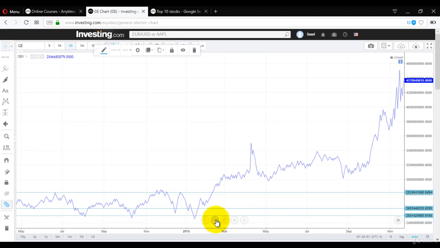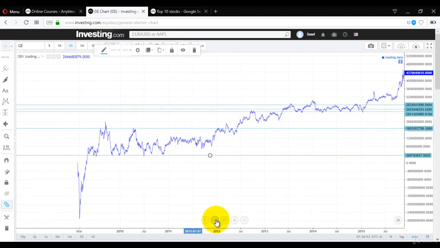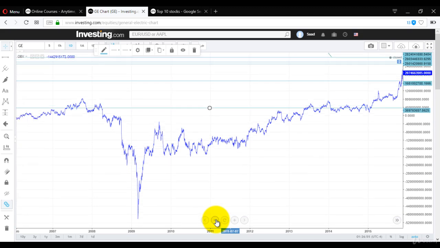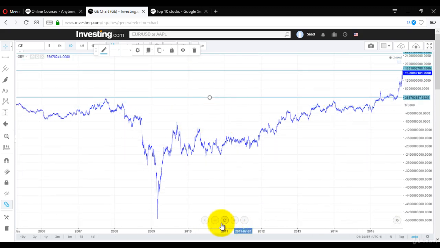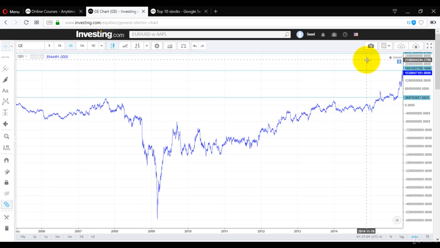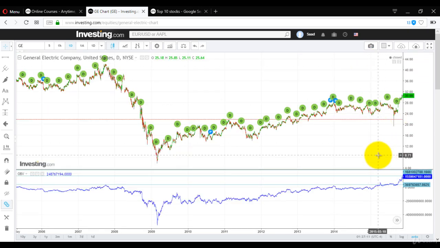Why? Let me zoom out. Always remember, whenever the price crosses the previous highs, example this is the previous high, when the price crossed right here, it represented that the price will be making newer highs. Example right here, it crossed it somewhere here.